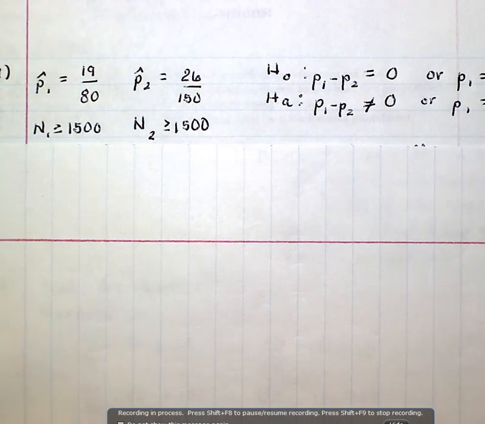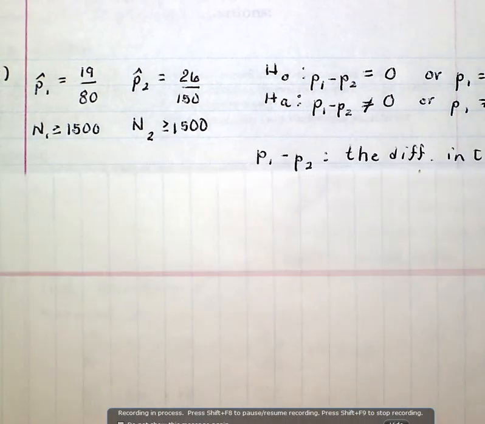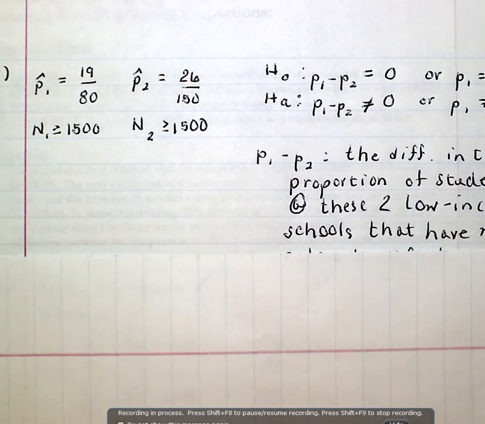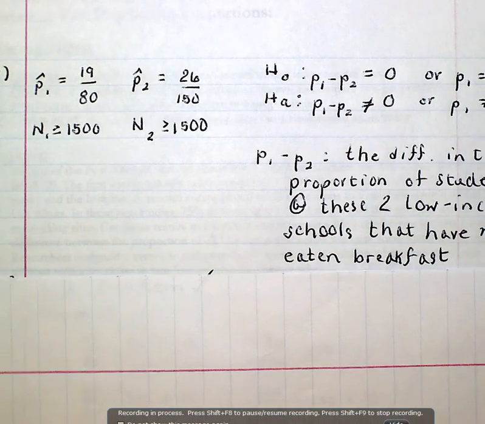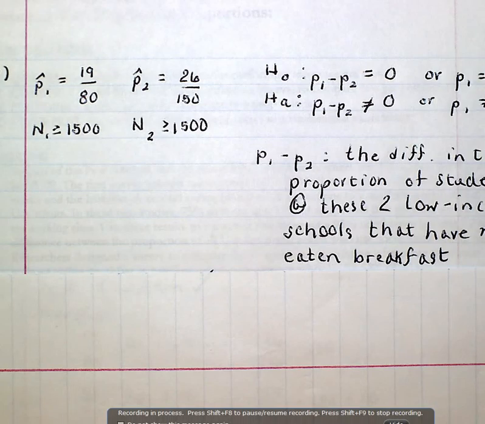And of course I need to define my p. So my claim is being made about the difference between these two proportions. So I've defined p1 minus p2 to be the difference in the proportion of students at these two low-income schools that have not eaten breakfast.